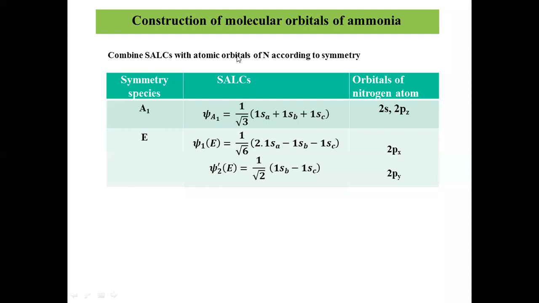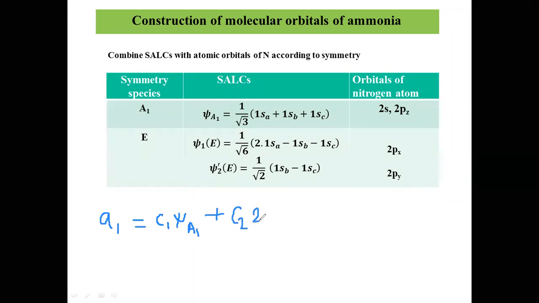So when I go for the molecular orbital of A1 type, I'm going to get 3 of them, and that is going to be a combination of C1 psi A1 type, plus C2 2s of nitrogen, plus C3 2pz.